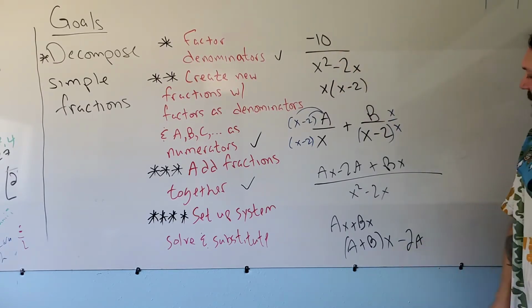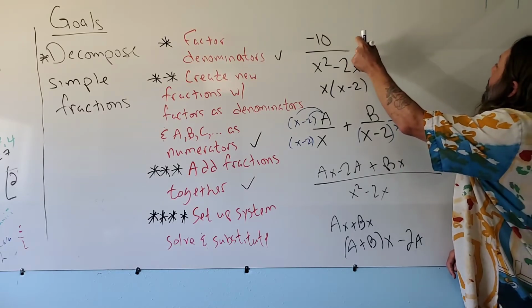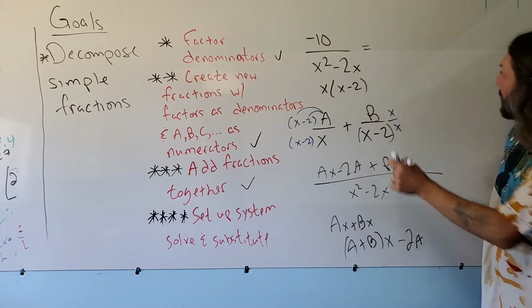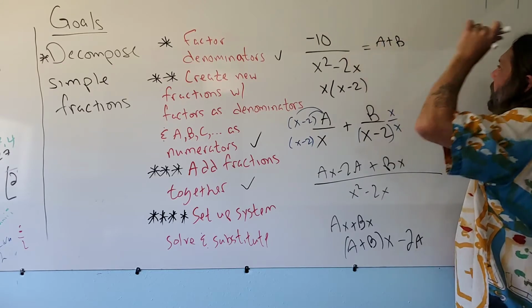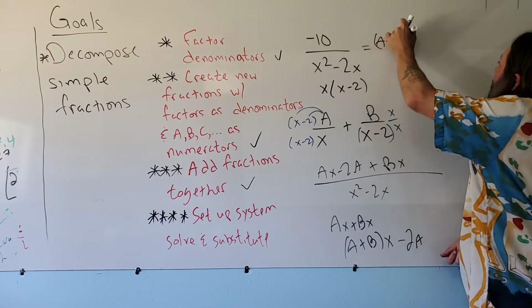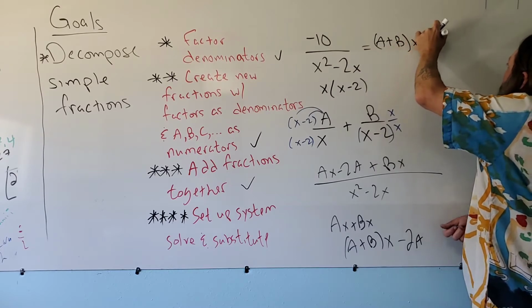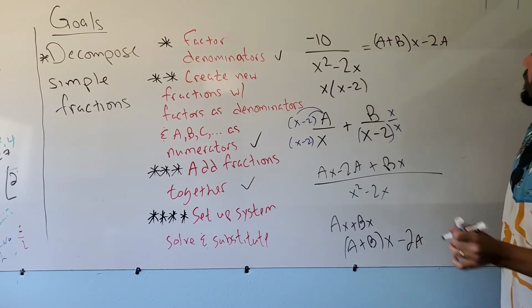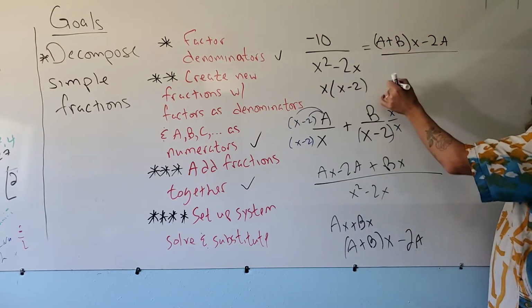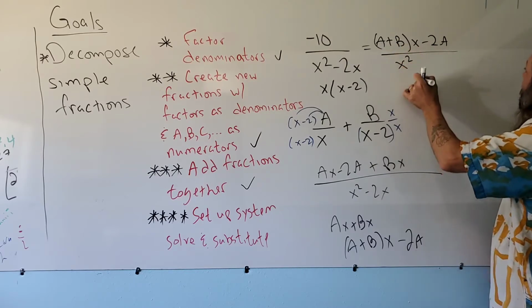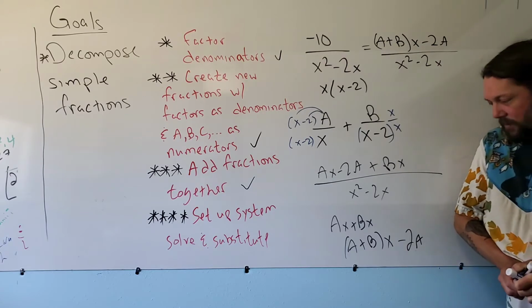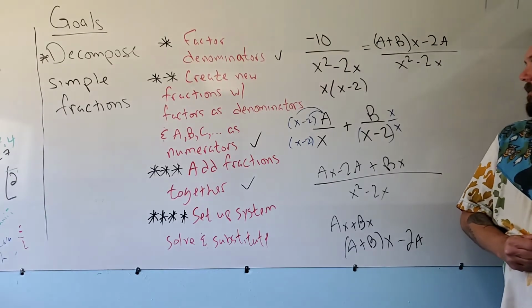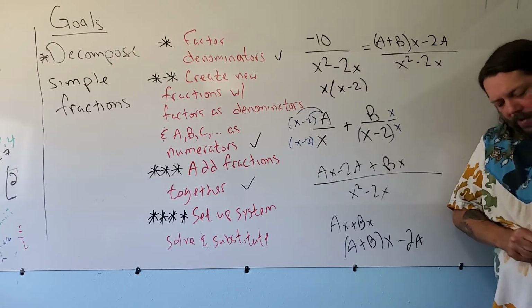I know that the numerator that I have now is a plus b times x minus 2a, and that's over x squared minus 2x.